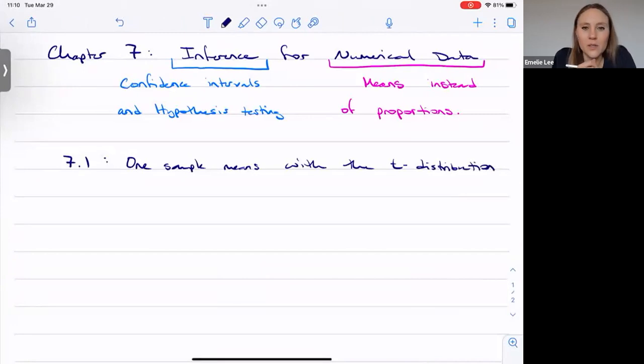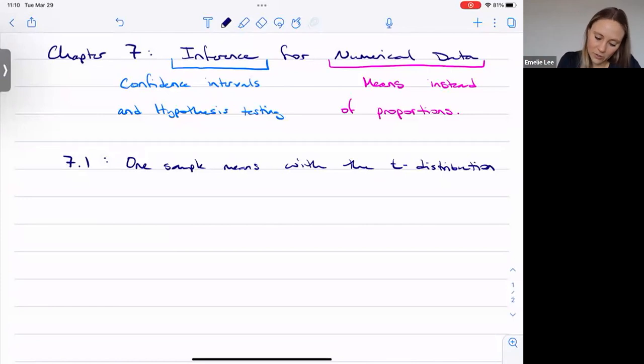Okay. So what I did was I allocated 2 whole days to 7.1. And the reason I did that is because we have to introduce the t-distribution, but also this kind of new calculation and a couple of other things. So we'll spend some time here, and then the rest of the sections will move quicker because they just build on 7.1.